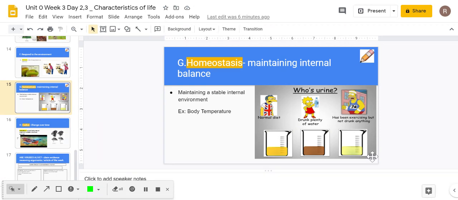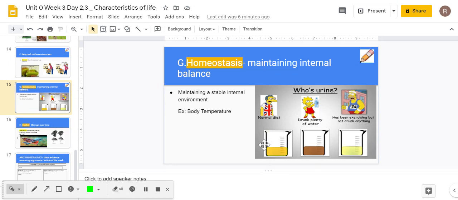If your urine is nice and clear, then that probably means that you are well hydrated, you're exercising, and there's not a lot of toxins in your urine or in your urinary tract. So you're probably in a good place if your urine is a light yellow to clear color.